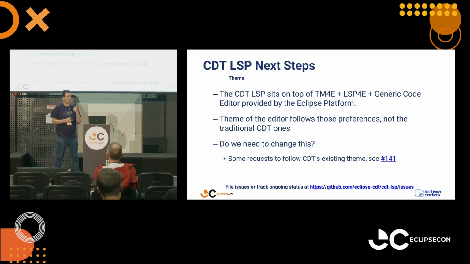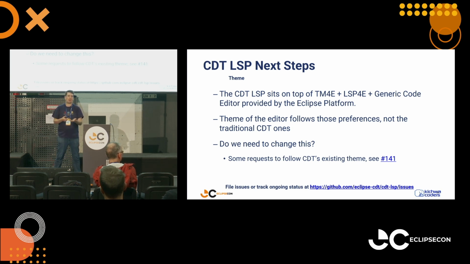Now, the theme. If anyone's used CDT before, CDT has its own look and feel. It's one of the things that makes Eclipse a little bit unusual, from the earlier languages supported by Eclipse, and C++ was pretty much the first one after Java. CDT ends up doing a lot of the colors and look and feel itself. But CDT LSP sits on top of TM4E, LSP4E and generic code editors, so all of the look and feel comes from those projects.